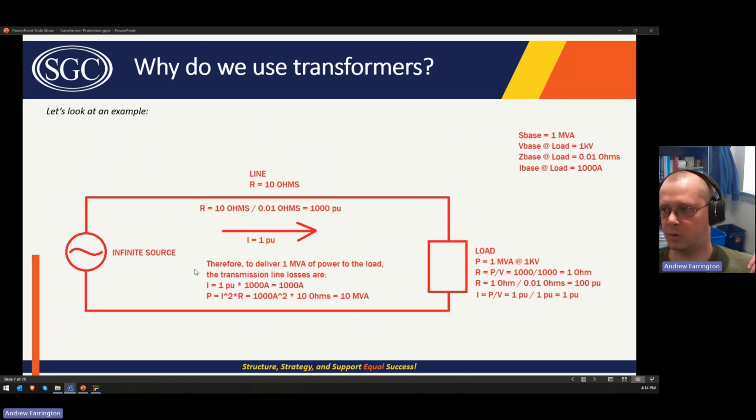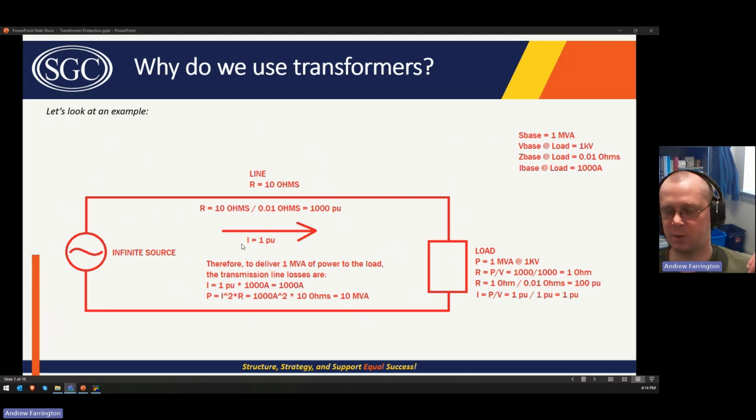And if you convert all of these quantities to their per unit values and do the math, you have a current of 1 per unit going through the transmission line.